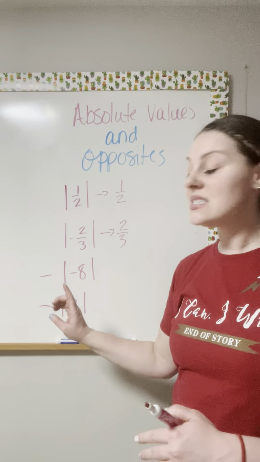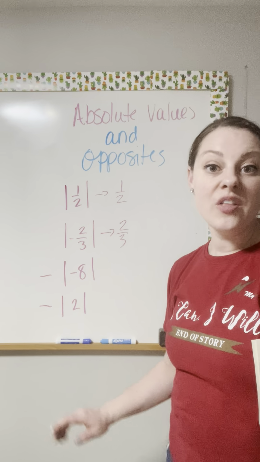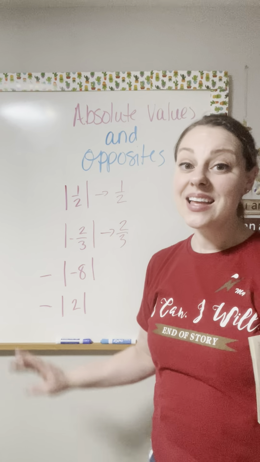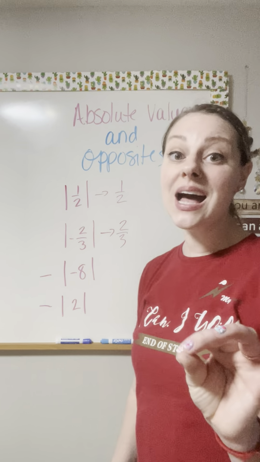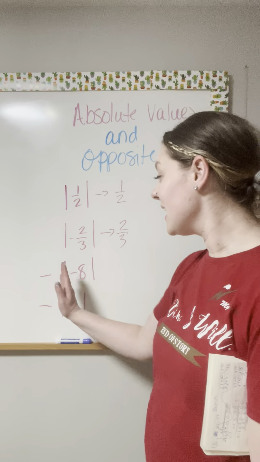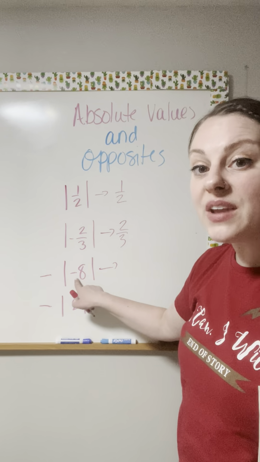Now these two down here. Now notice this negative is outside of the absolute value. Therefore, the absolute value has nothing to do with this negative. So this is the only time you have an absolute value question and the answer is going to be negative because the negative is on the outside. So right here we go. What's the absolute value of -8?